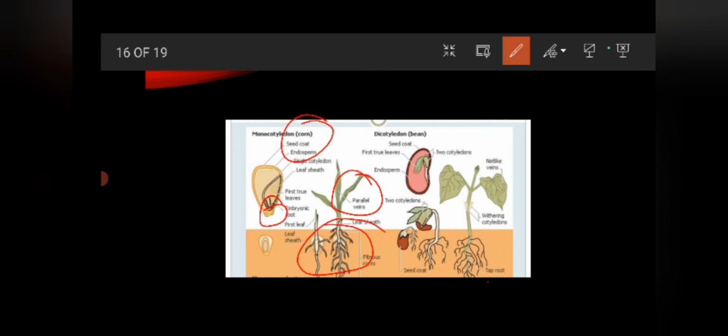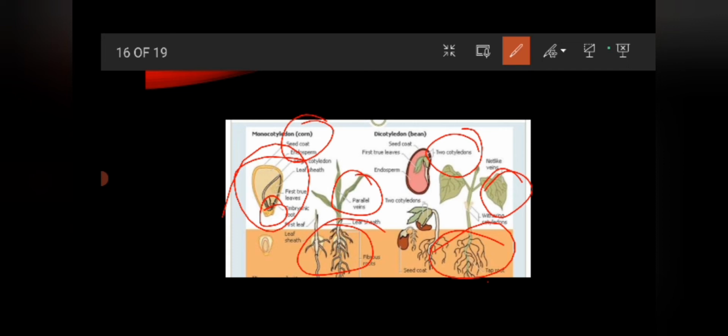Here in the bean plant, 2 cotyledons will be there. Here you can see net-like veins and the taproot system. And the flowers also: in monocotyledon we can find multiples of 3, but in the dicotyledon we can find 4 or 5. So this is the difference between the monocotyledon and dicotyledon.